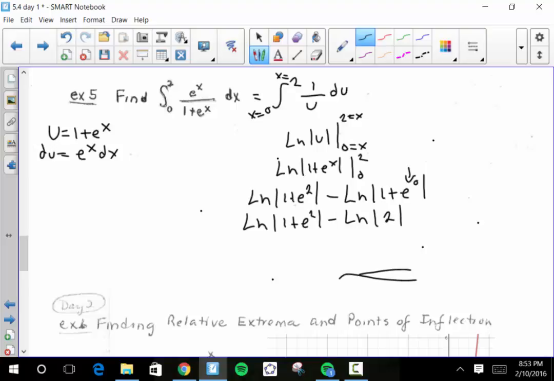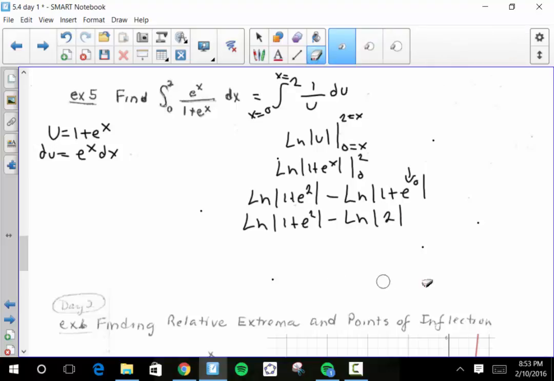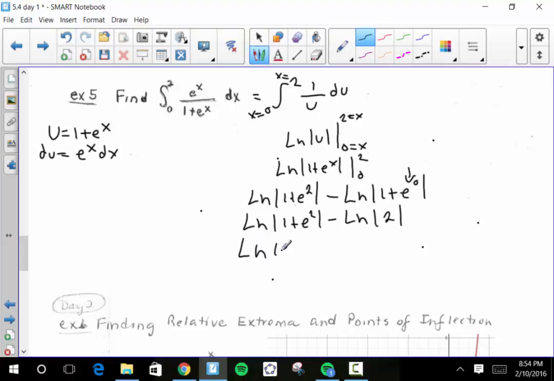Now, if you look at these things, both of these are positive, right? That 2 is positive, and 1 plus e squared is definitely positive. So we can just say this is natural log of 1 plus e squared minus natural log of 2. But we can bring these into one log, right? Because it's subtraction.